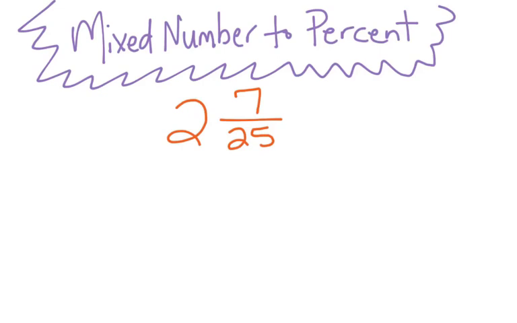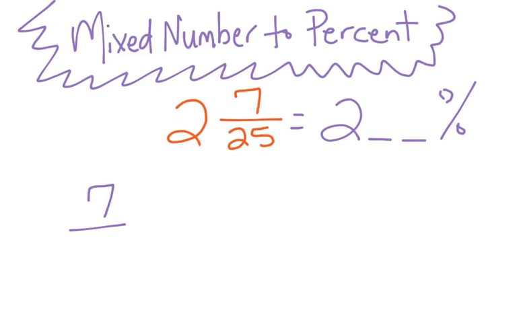So when we start out with a mixed number, the same is going to apply when we want to turn it back into a percent. Any whole number component of our mixed number is going to end up being a full 100%. So if I have 2 wholes in this mixed number, my final percent is going to be 200 and whatever 7/25 is as its percent, because each whole is a whole 100%.